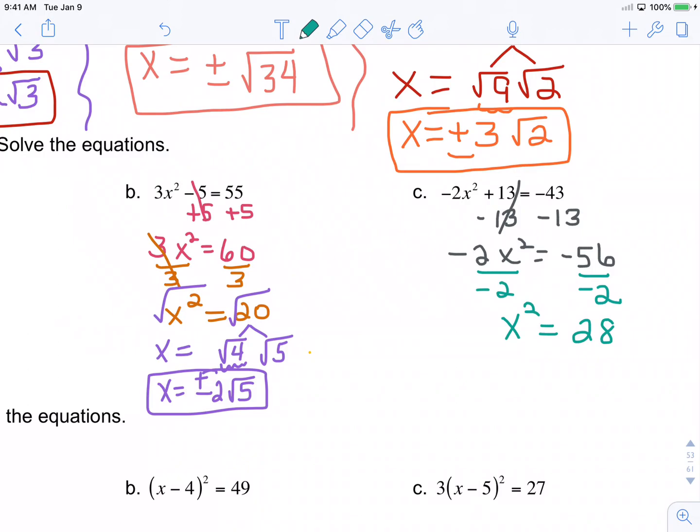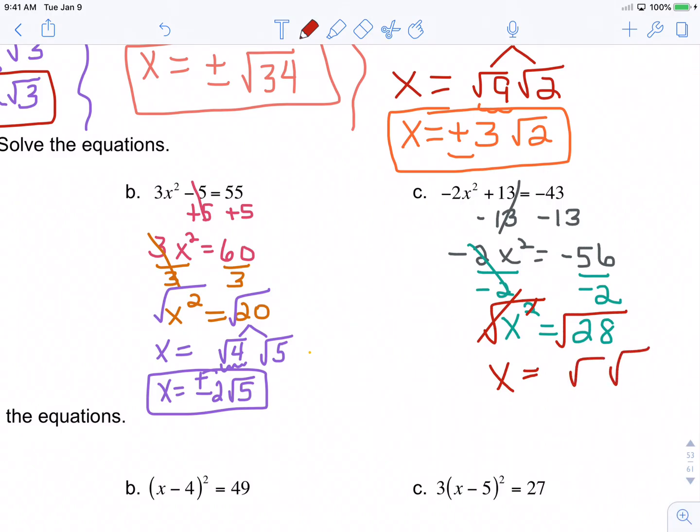And now the last step, we got x squared by itself. I'm sorry, not the last step. Step 2 is to take the square root of both sides. So taking the square root, we're on step 2, trying to get x by itself. So remember, our square root and our square cancel. And now I have to ask myself, what divides into 28? That's a perfect square.